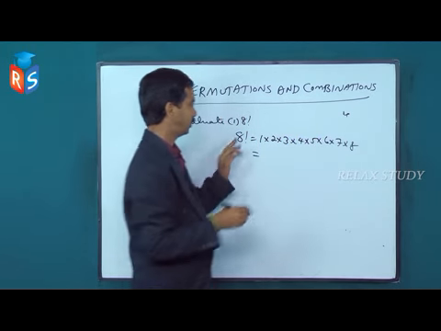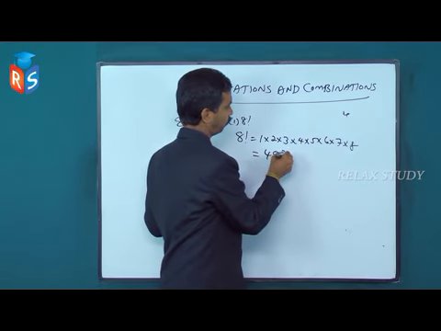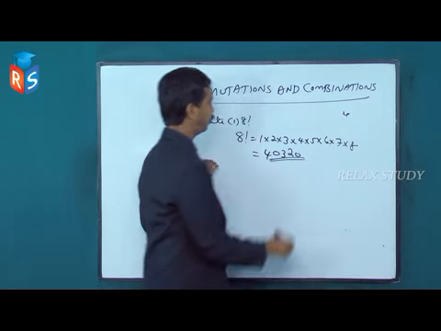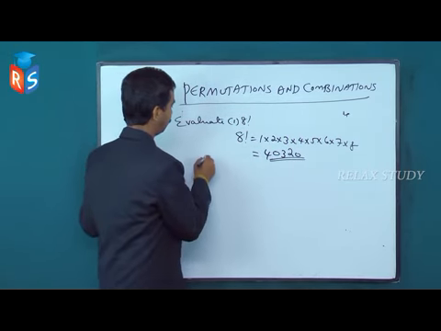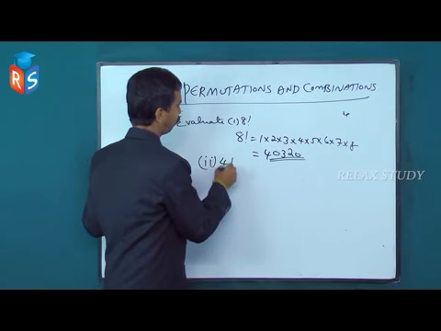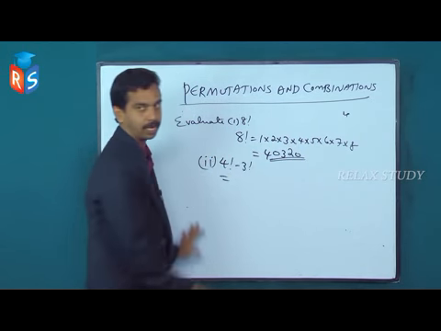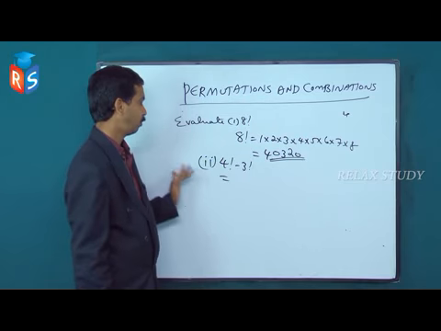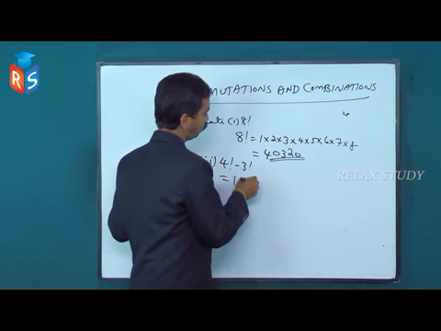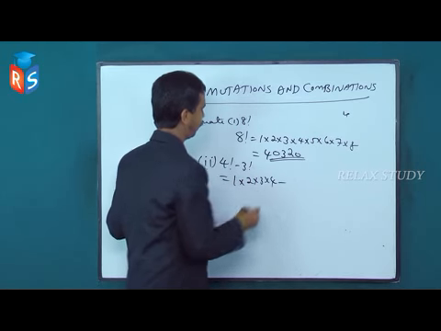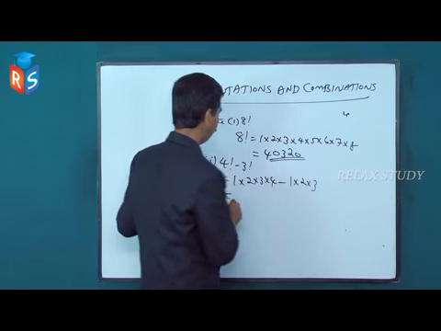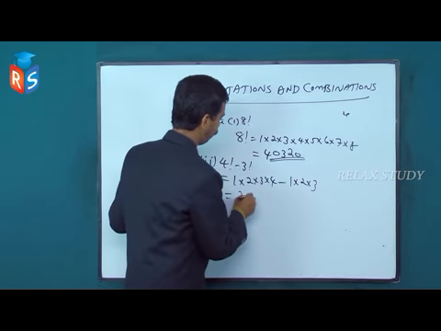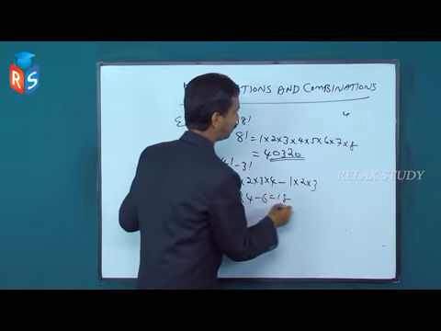We get it as 40,320. Second one, 4 factorial minus 3 factorial. 4 factorial means 1 into 2 into 3 into 4, minus 1 into 2 into 3. We get 24 minus 6 equals 18.